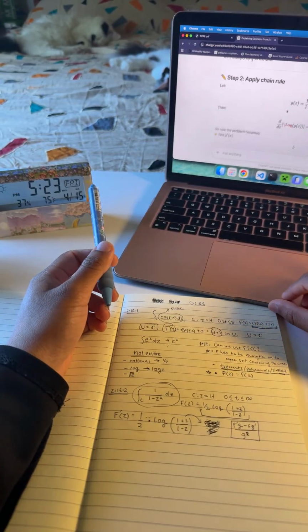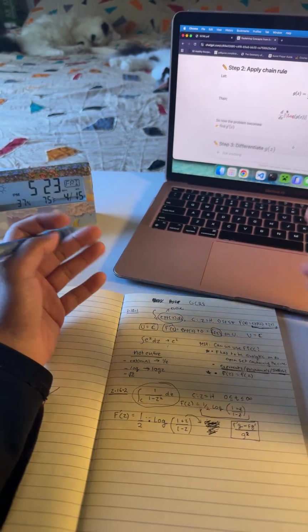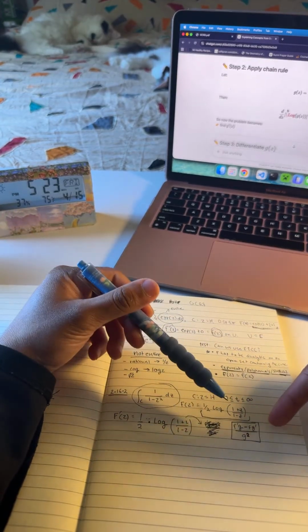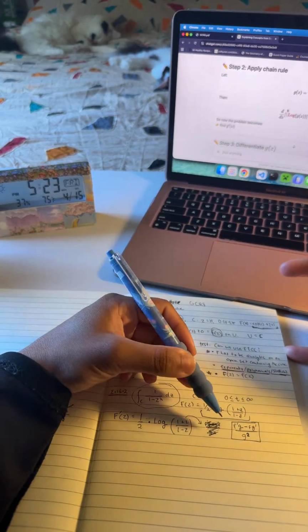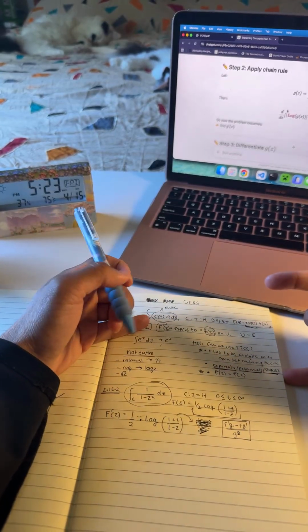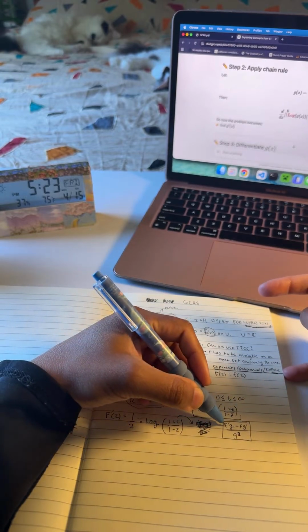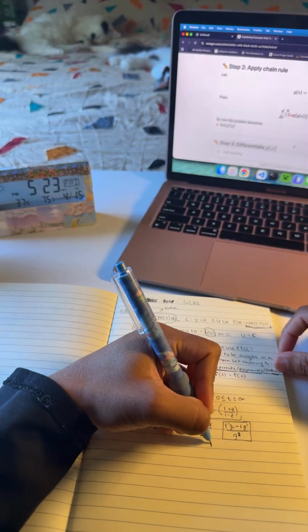So if you know anything about derivatives, have you heard of derivatives? Yes, we do. Awesome. So you know what the chain rule is and the quotient rule is, so this shouldn't look too bad to you. If we take f prime for the numerator, we just get 1, right?